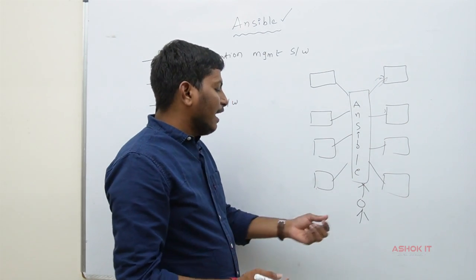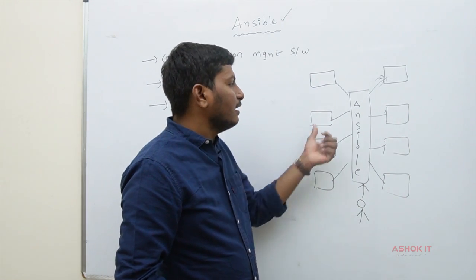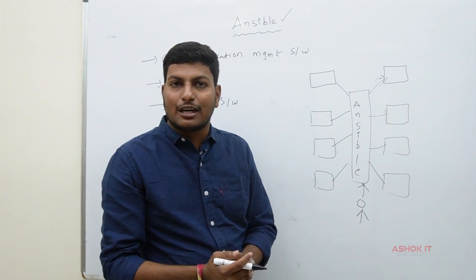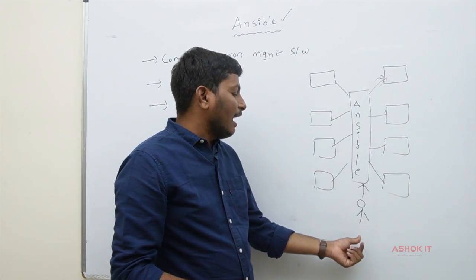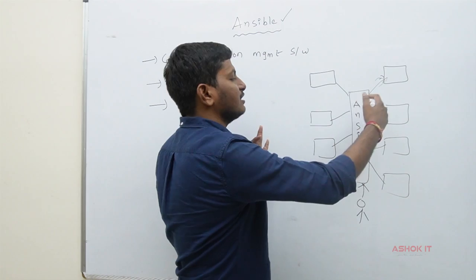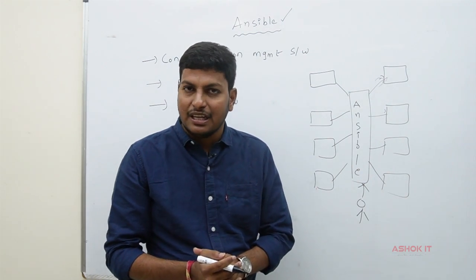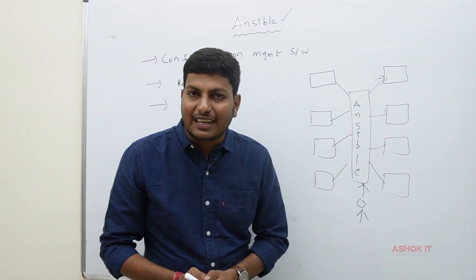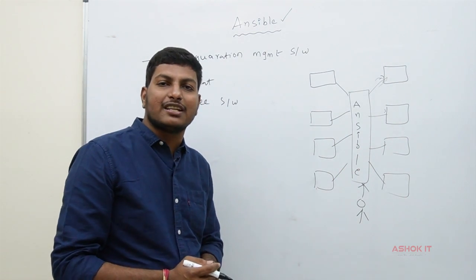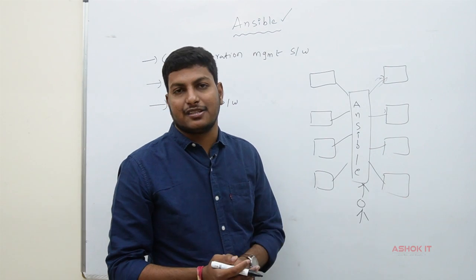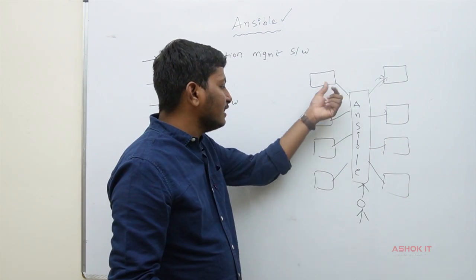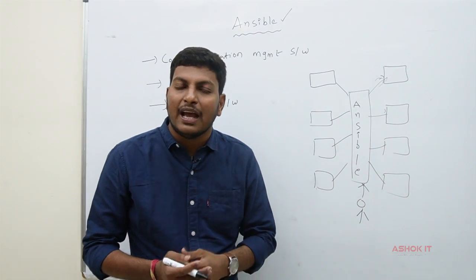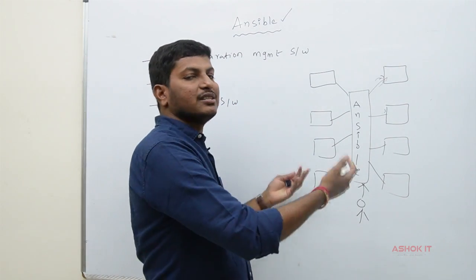For example, I want to install Java software in 100 machines. 100 machines will be connected to Ansible server, and by using that Ansible, I will send a notification to install Java in all the 100 machines. Even if you have 1000 machines also, by using Ansible, within fraction of seconds we can manage configurations which are required for our application. If a human is installing the softwares in all the 100 machines or 1000 machines, it will take lot of time, and as a human we may do some mistakes also.